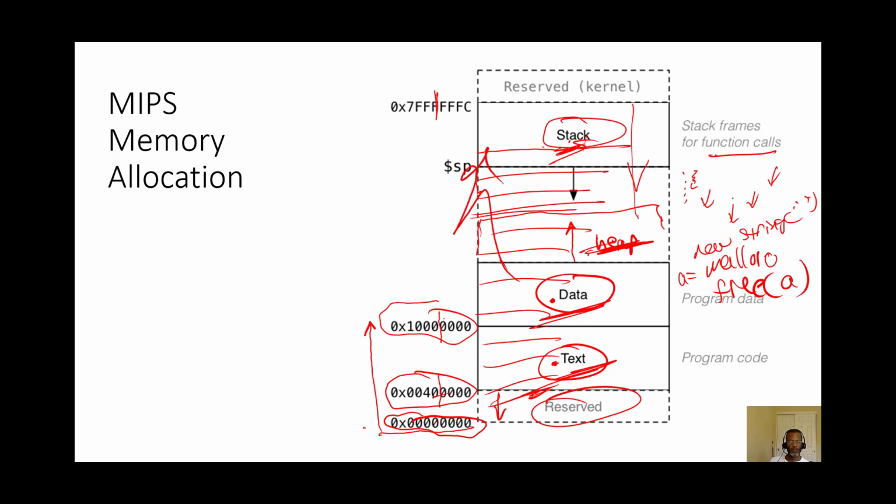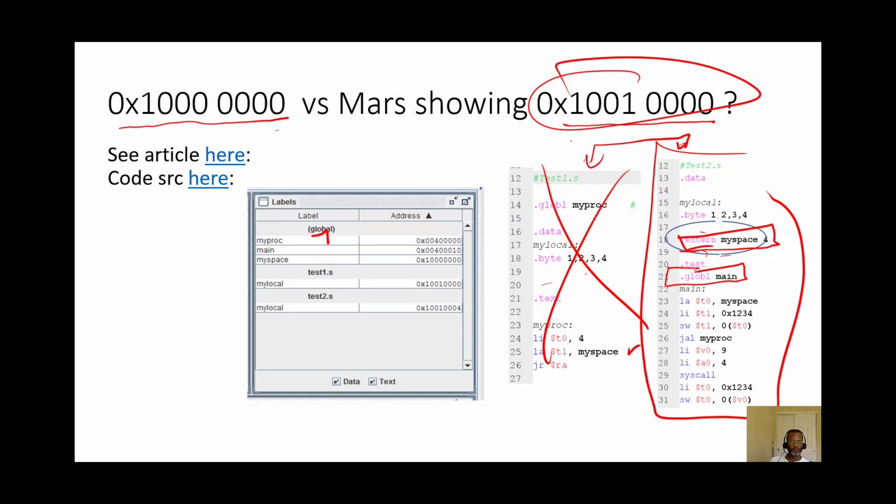So we'll see how that comes into play. And then a little bit about Mars, how it actually stores. For most every project that we're going to use, you're going to see the 1001 with 4 zeros as the address for your variables. It will start there.